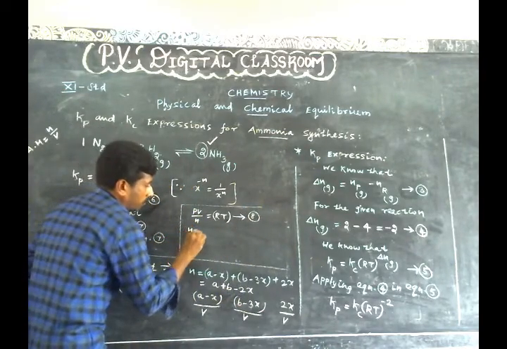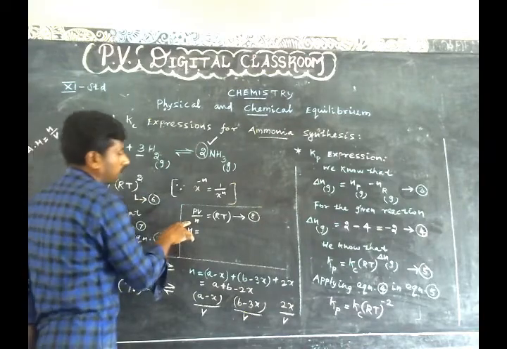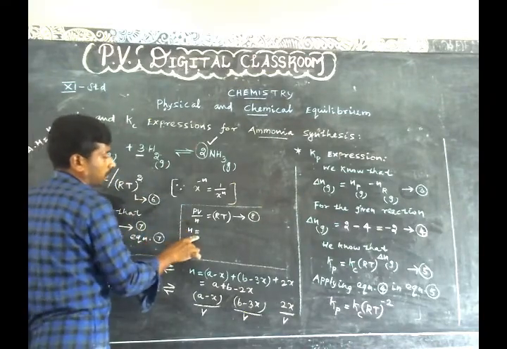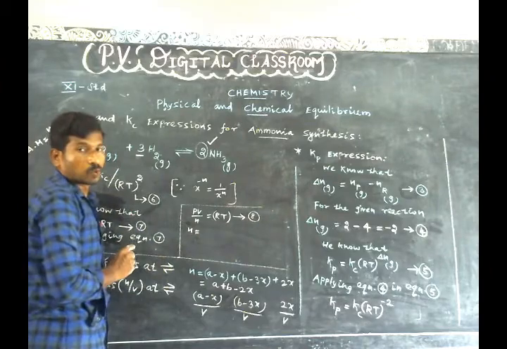Here n is the total number of moles at equilibrium.